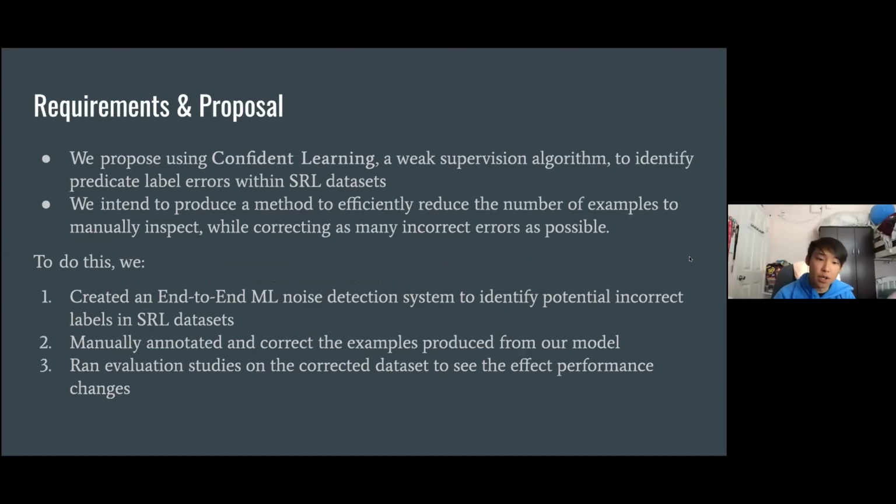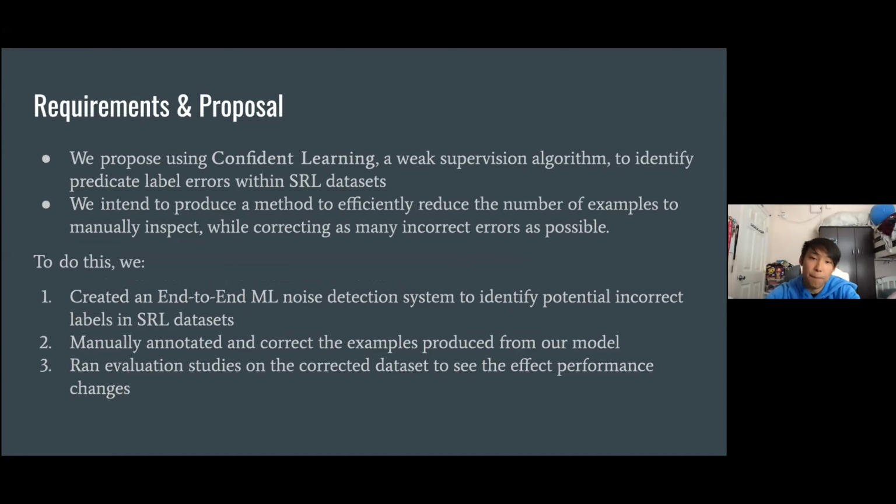To make sure no pervasive instances are propagated down the system, we're going to be using a confident learning algorithm to find instances where the labels are misannotated or the instance itself is erroneous. The framework fits into our end-to-end system after the predicate classification stage.